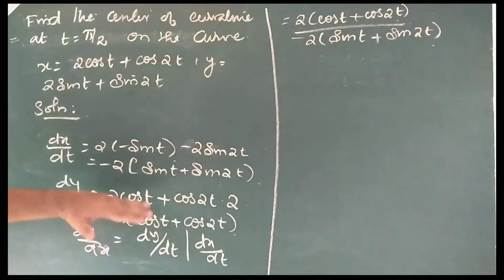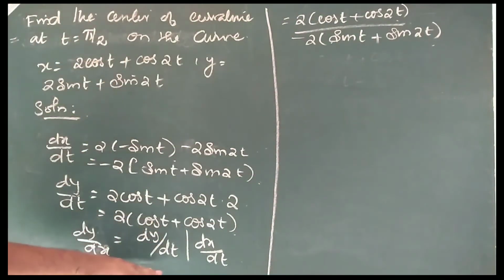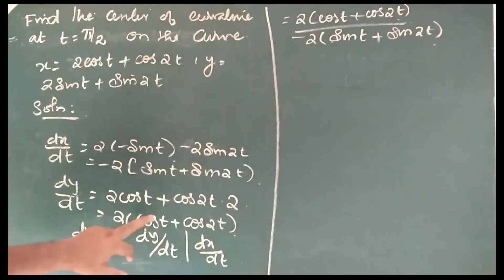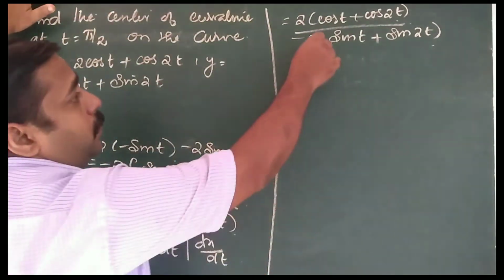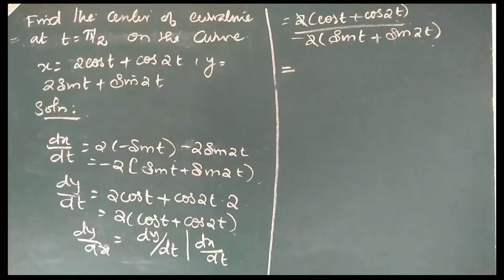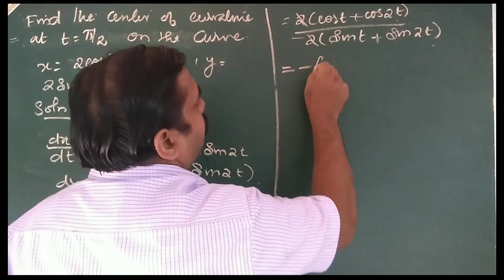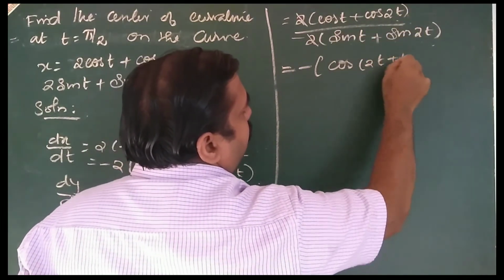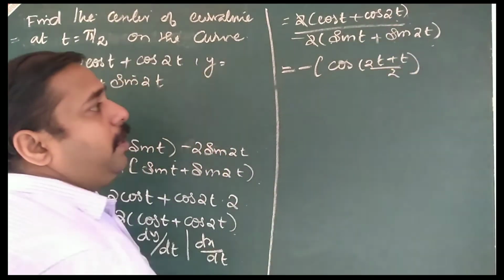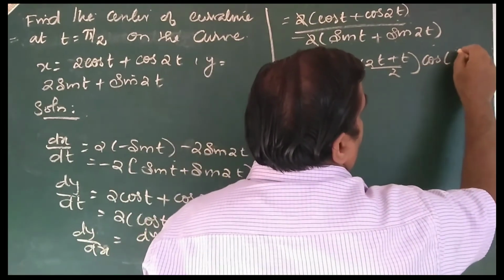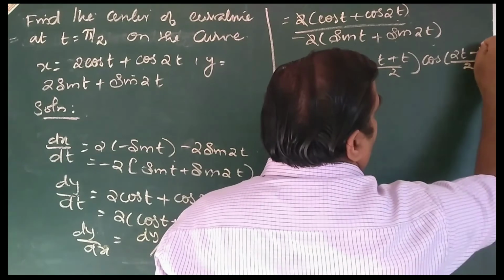So first dx by dt, then dy by dt, then apply the formula. Now these two cancel, and this minus we can write in the numerator. Now, this is equal to minus of cos c plus cos d. The formula for cos c plus cos d is 2 cos (a plus b) by 2 into cos (a minus b) by 2, that is (2t plus t) divided by 2 and (2t minus t) divided by 2.